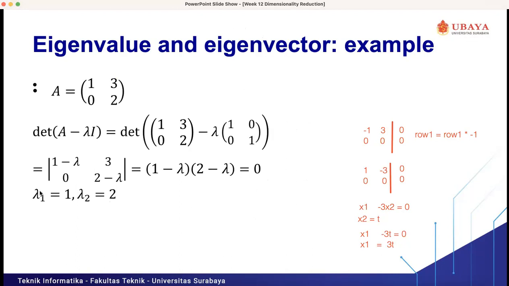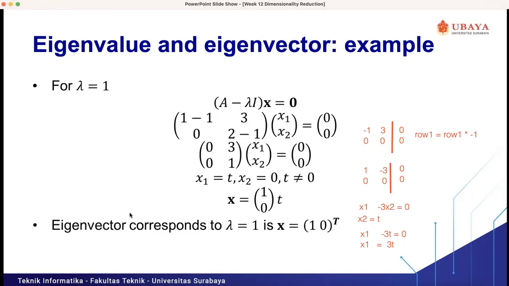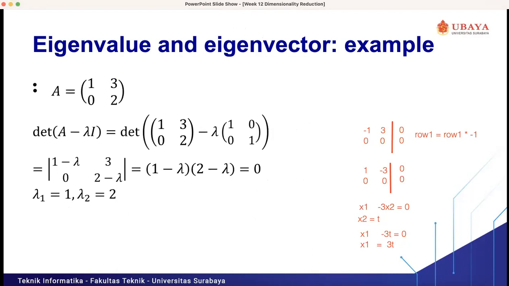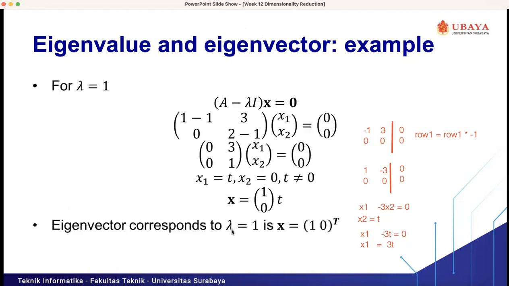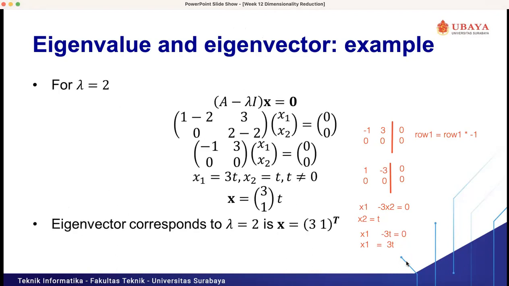We have a solution for the eigenvalues, lambda 1 equal 1 and lambda 2 equal 2, but we don't have a unique solution for the eigenvector that corresponds to this lambda. That's why we can just say one variable, in this case x2 equal t, for example, then x1 will be 3t.